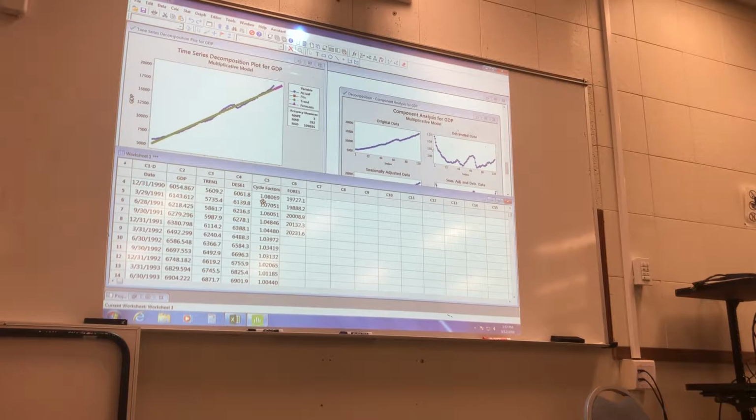So if you divide the trend into the data with trend and cycle, you'll get a ratio that expresses cycle. When that ratio is equal to 1, the data is right on the trend line. If it's above 1, it's cycling above the trend line. Less than 1, cycling below it.